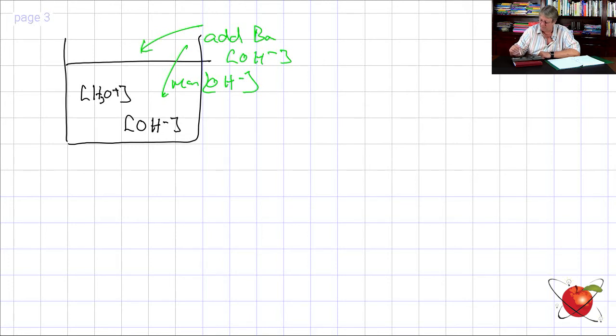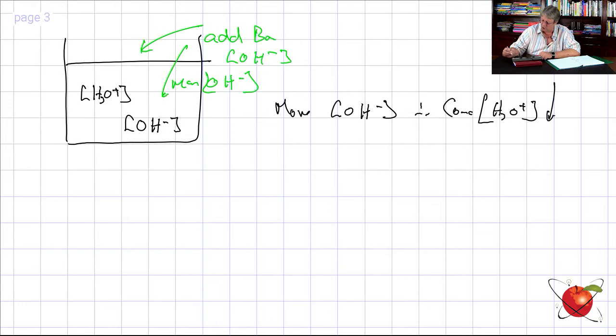What does that mean? Therefore, the concentration of the H3O ion must drop. Because this one goes up, this one must go down in order to retain the situation.